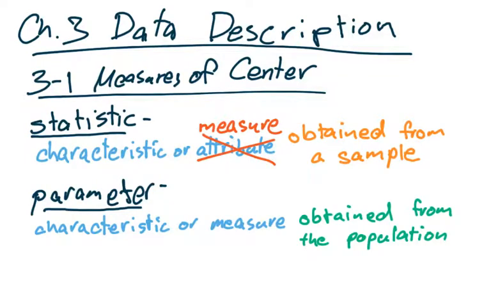And a parameter is a characteristic or measure obtained from the entire population. Keep in mind, most of the time we do not have the capability to take a census. We don't have access to the entire data set for the whole population. So most of our calculations are going to be statistics rather than parameters.